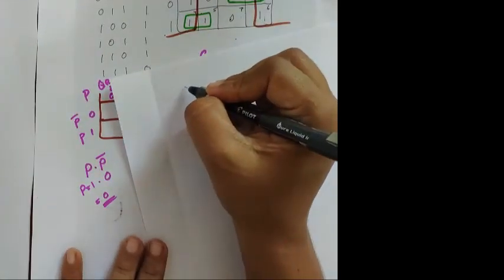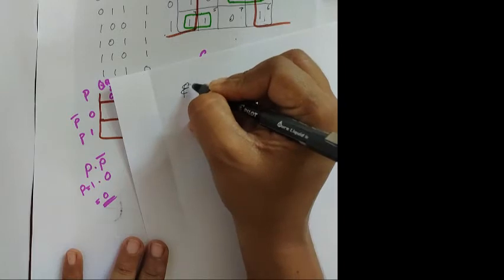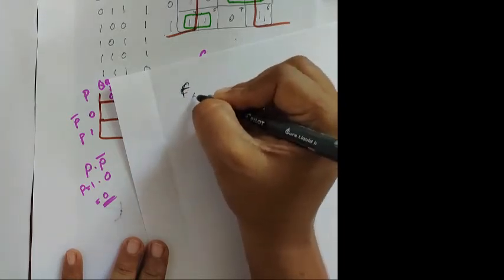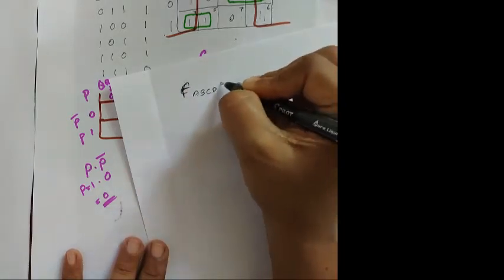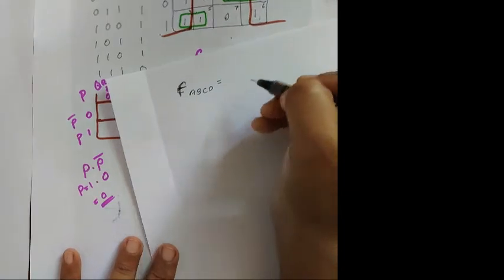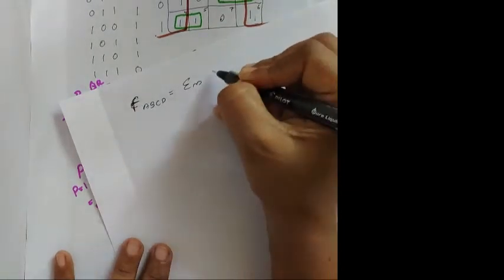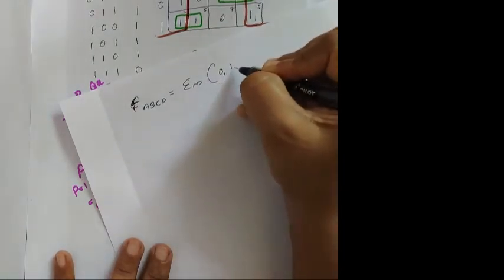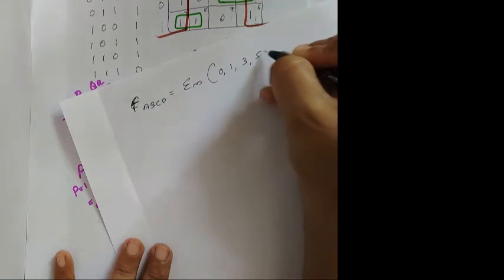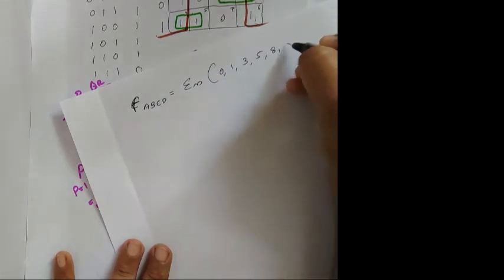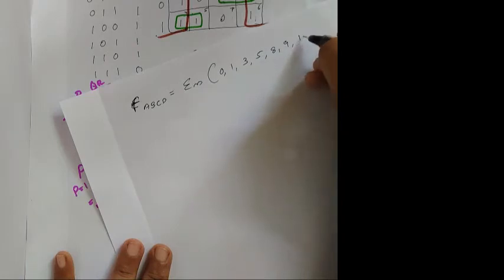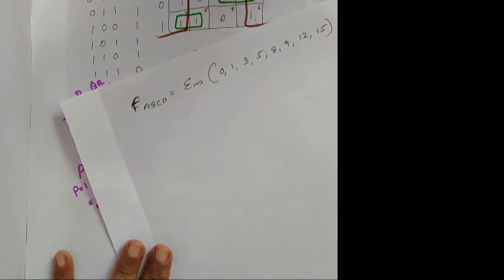Let some function f of ABCD be equal to, that means it's a 4-bit variable, summation m 0 1 3 5 8 9 12 15. Okay, let it be like that.